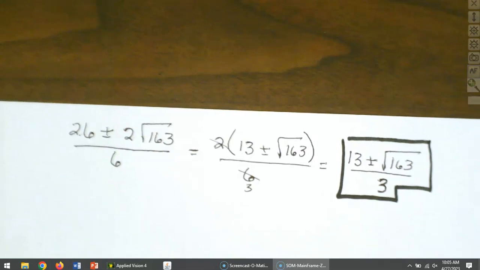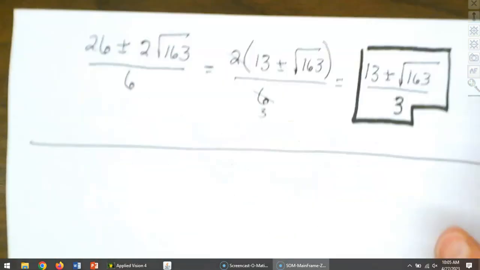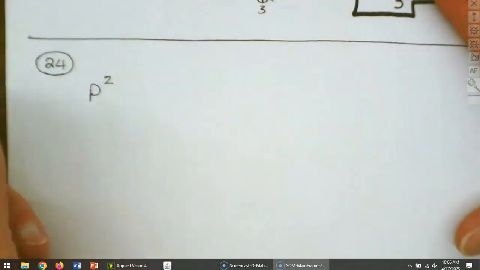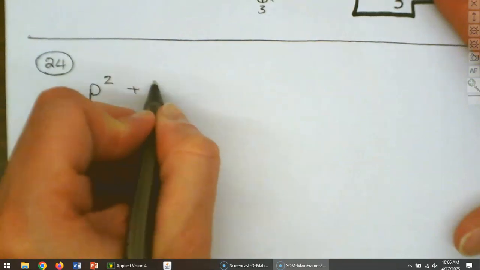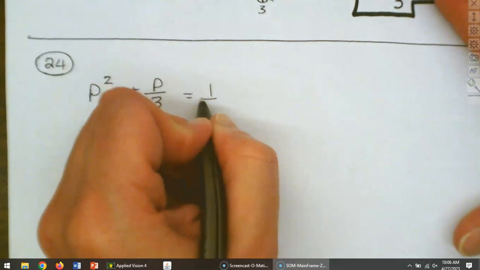Let's look at 24. So question 24. What we have on 24 is p squared plus p over 3 equals 1/6.